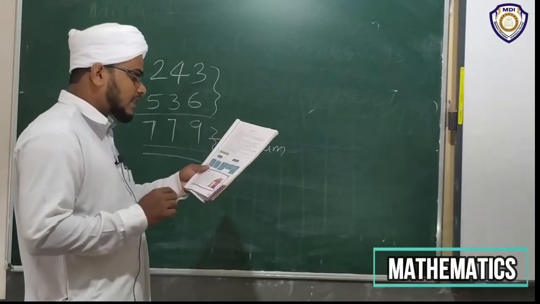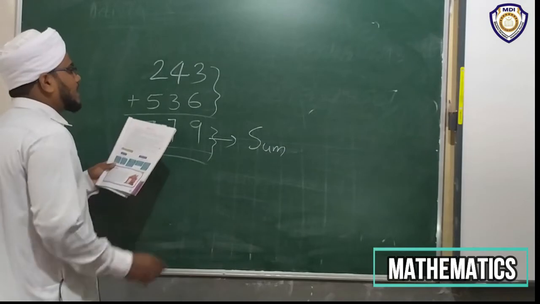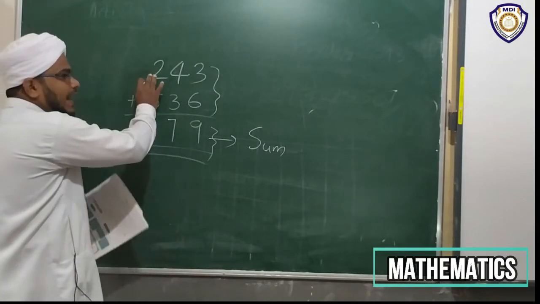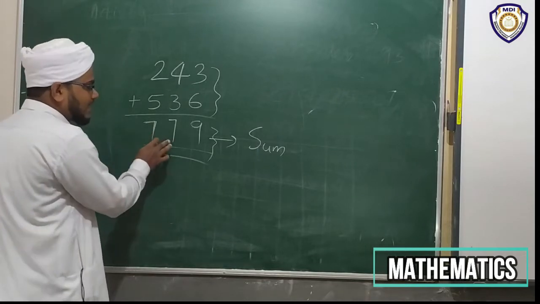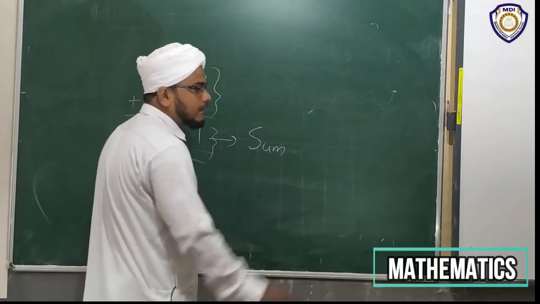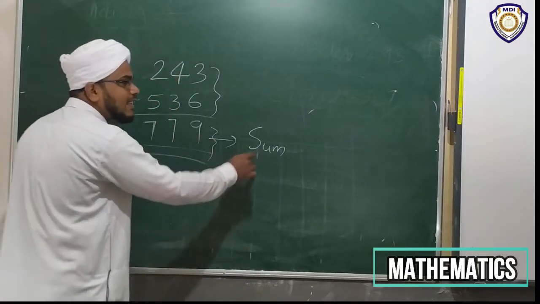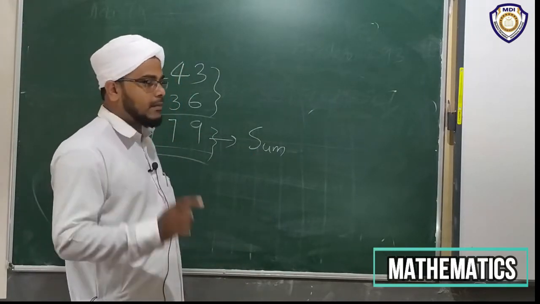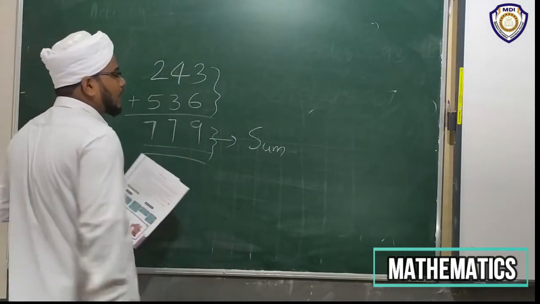Sum means the result of adding the addends. When we add these two numbers, we got a result. The result is called sum, or the name of this result is sum. You have to remember. Okay. Then, what is the name of these two numbers?